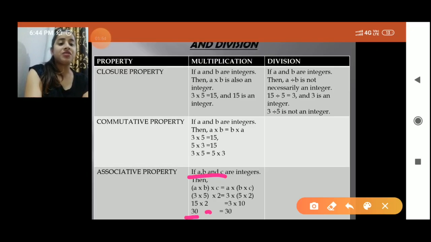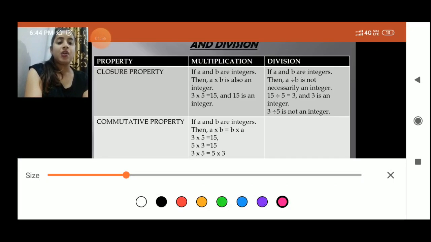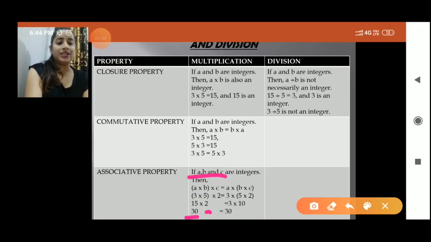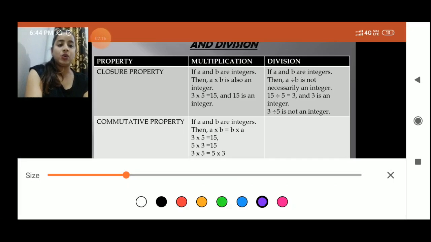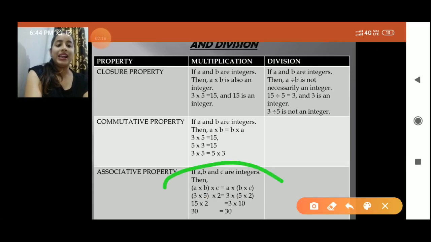And in the next, first we multiplied the last 2, that is 5 into 2, which gives us 10, and the answer of that with the first number, which gives us 30. In both the cases, both are same. That's why a into b into c is equals to a into b into c.